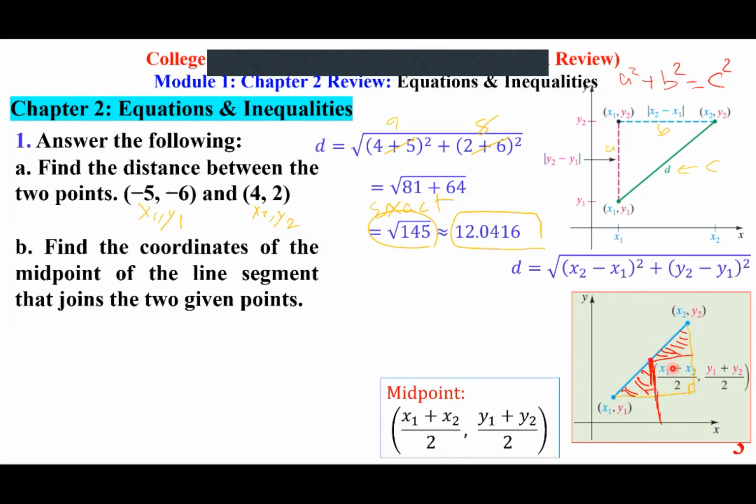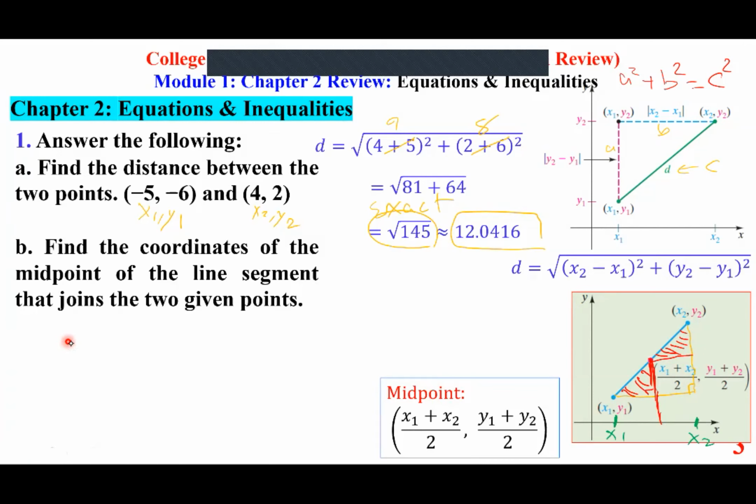These two are equal. And therefore, if this is midway, to find the x coordinate for the midway here, by the way, this is x sub 1, this is x sub 2, so x sub 1 and x sub 2.